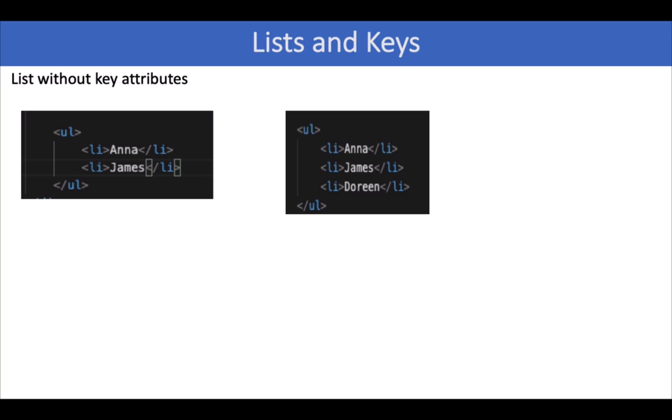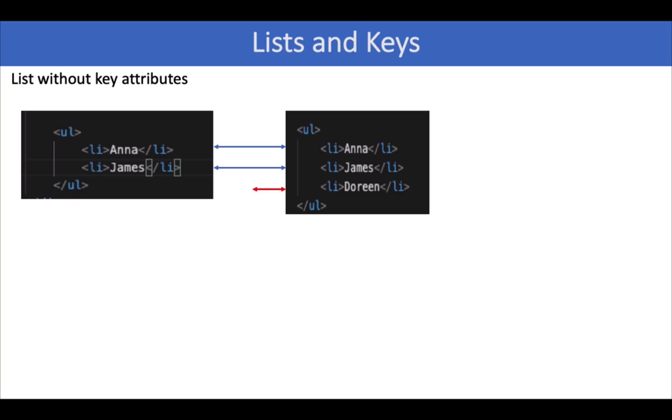In our example, React will match the first item in each list and see there is no difference, then match the second items and see no difference, and then try to match the third item.